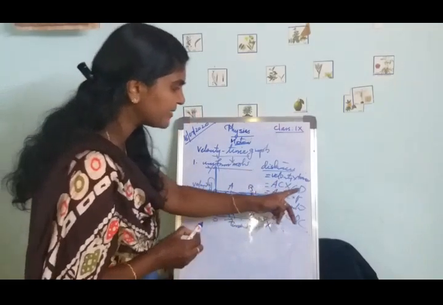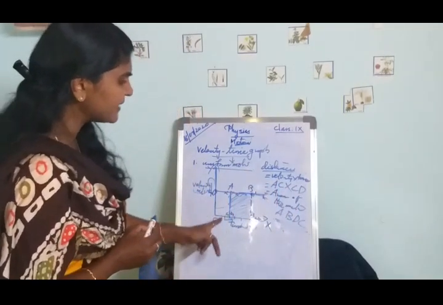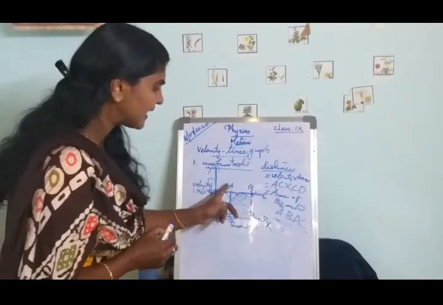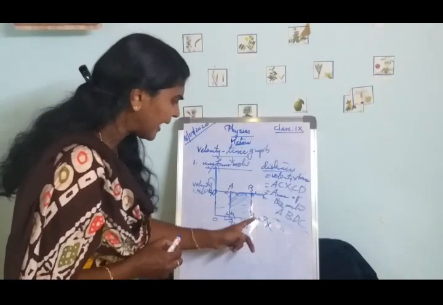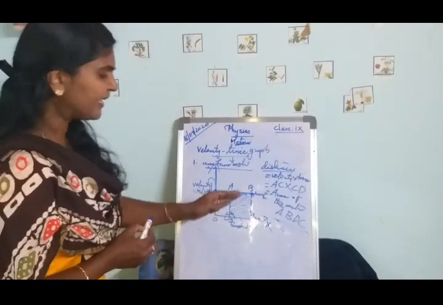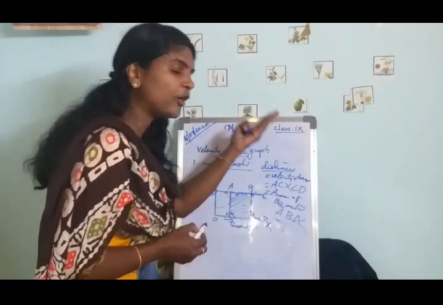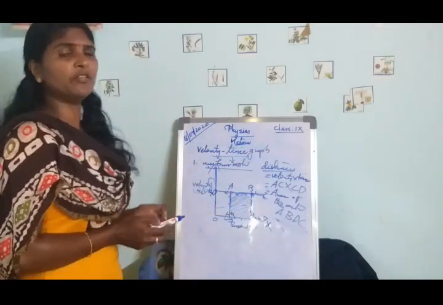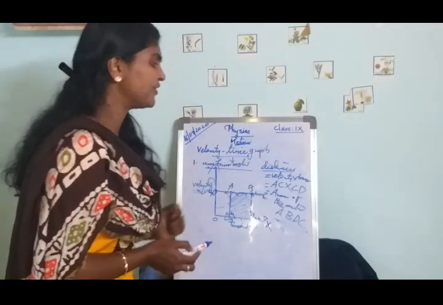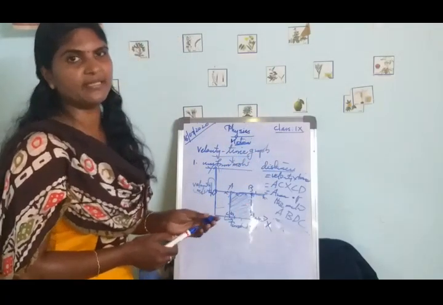So we got AC into CD, which gives the area of the rectangle ABDC. So we can say the area under the velocity time graph is equal to what? The distance or the magnitude of displacement.